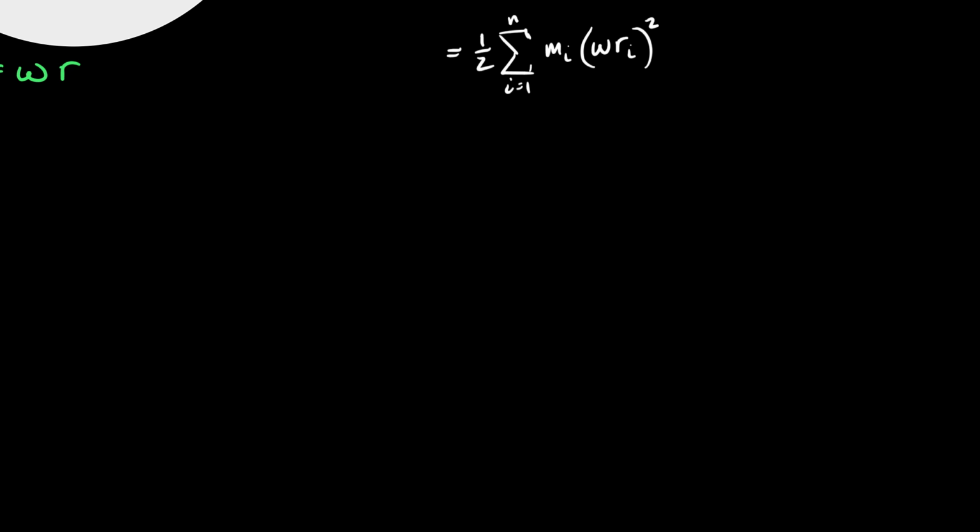But I'm going to do that in one step if that's okay with all of you. So that would give me 1/2 out front, the summation of m and r squared and omega squared out here. I can factor it out to either side, it doesn't matter, right? But by doing it this way, do you see what I'm getting at?